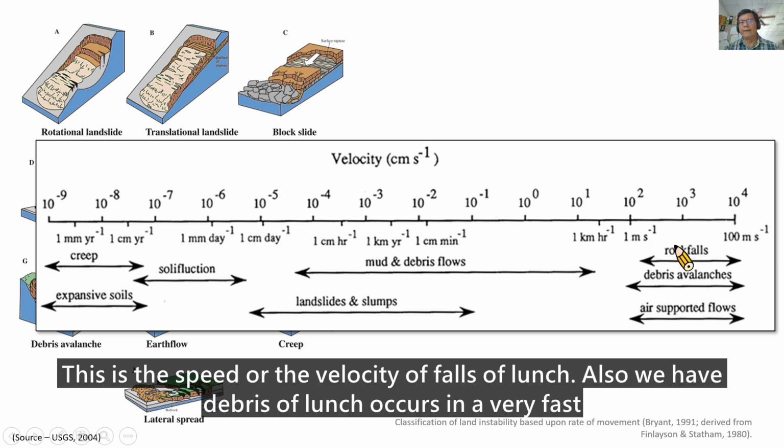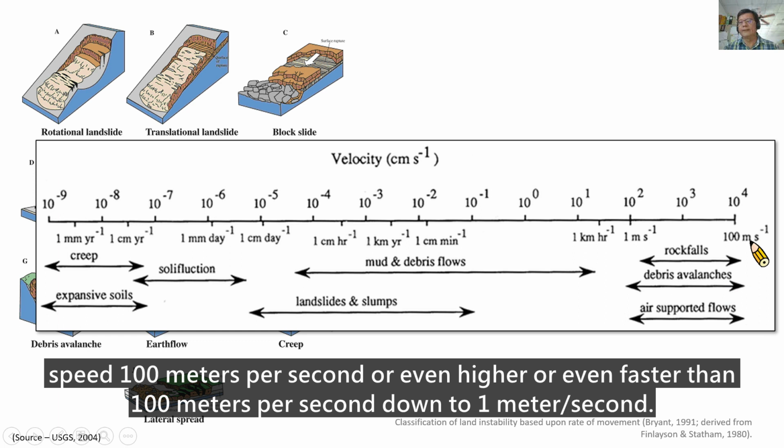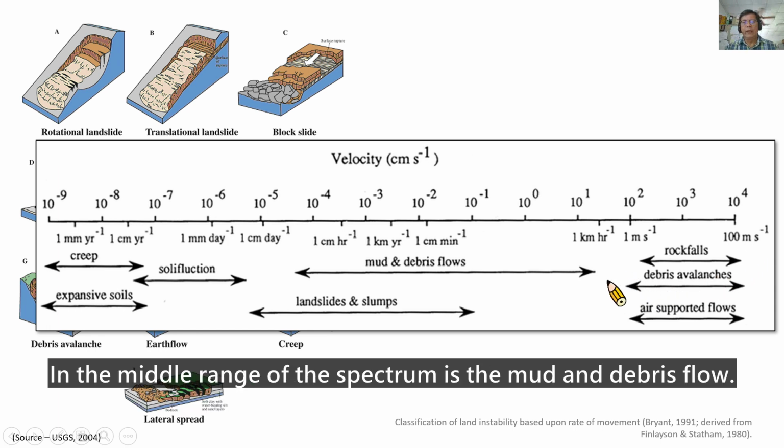This is the velocity of the falls. Debris avalanche also occurs at very fast speed, 100 meters per second or even faster, and down to 1 meter per second. In the middle range of the spectrum are the mud and debris flow.